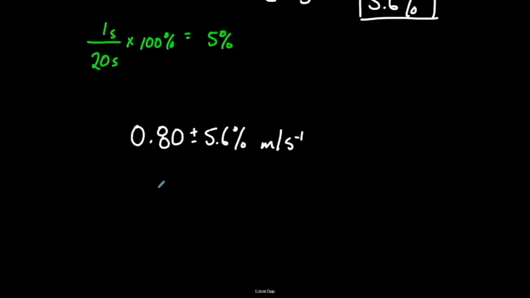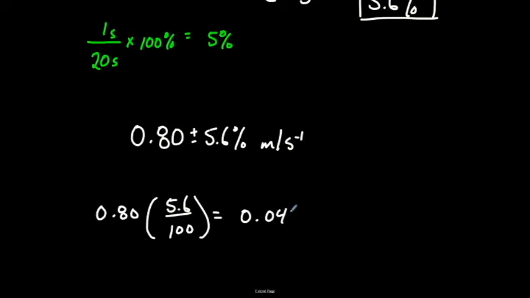And we want to go back to an absolute value for that. So 0.80 times 5.6 100ths. And this is going to give us the amount of absolute uncertainty on that value. 0.0448.